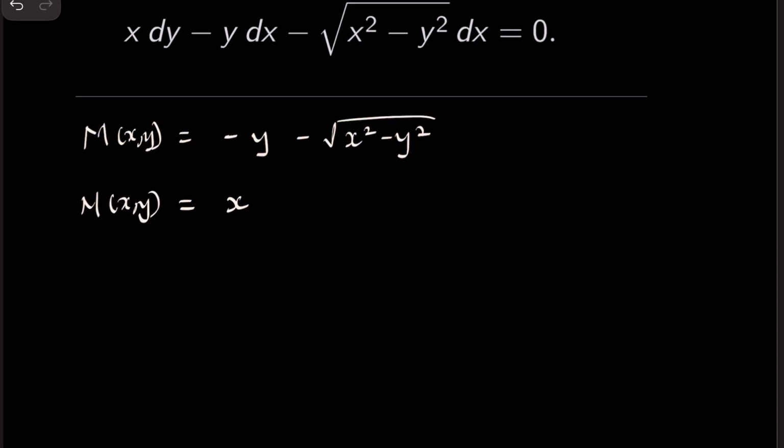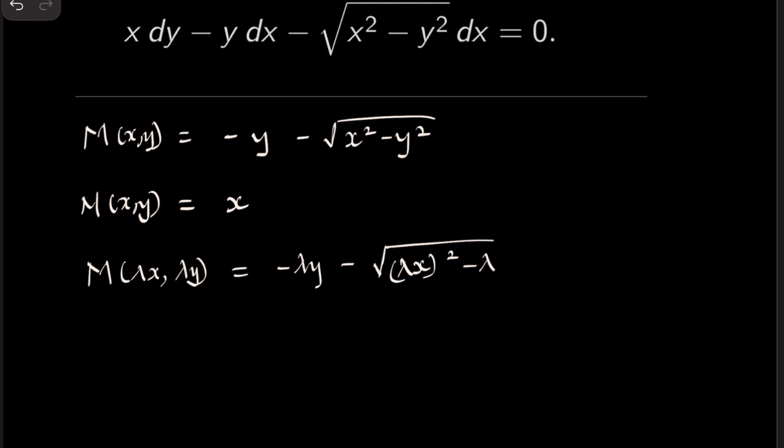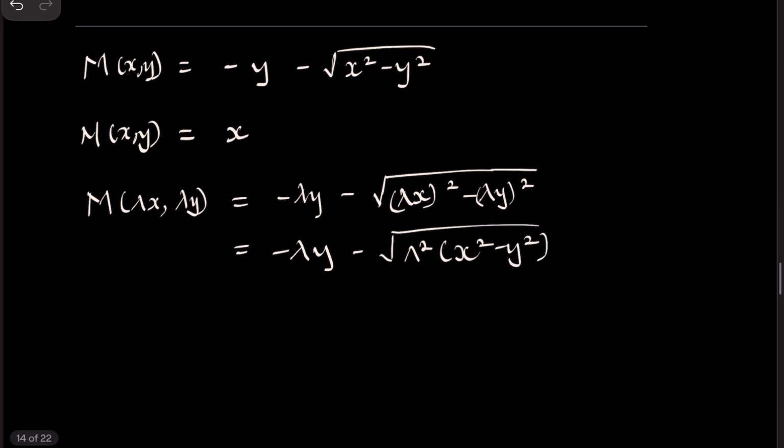Our next step is to verify if M and N are homogeneous and if they have the same degree or not. Thus we have M of lambda x, lambda y giving us minus lambda y minus the square root of lambda x all squared minus lambda y all squared. So you're going to have minus lambda y minus lambda squared out of x squared minus y squared all square roots.